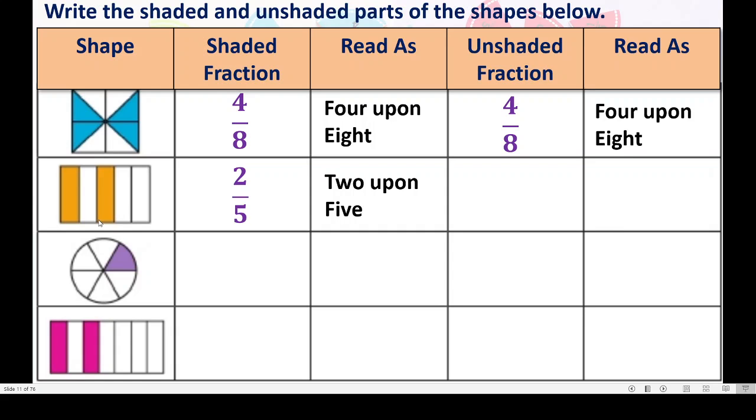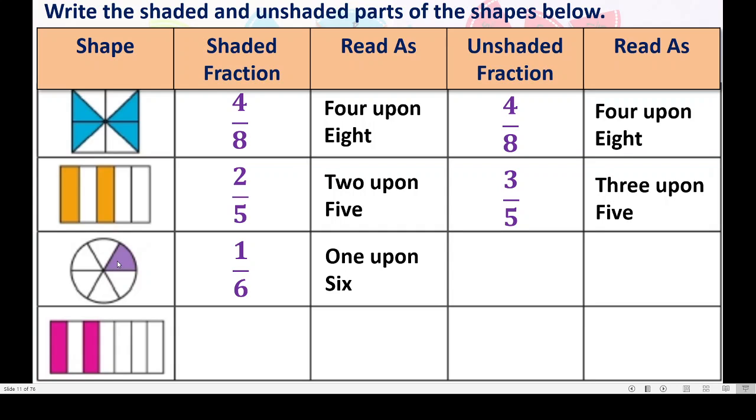See, this is 1, 2, 3. Right? So the answer here is 3 upon 5 and read as 3 upon 5. Next is a circle and only one part is shaded. So out of 6 parts, 1 upon 6 is our answer and read as 1 upon 6.